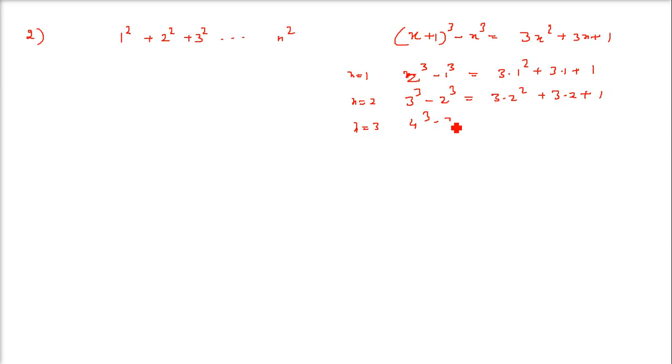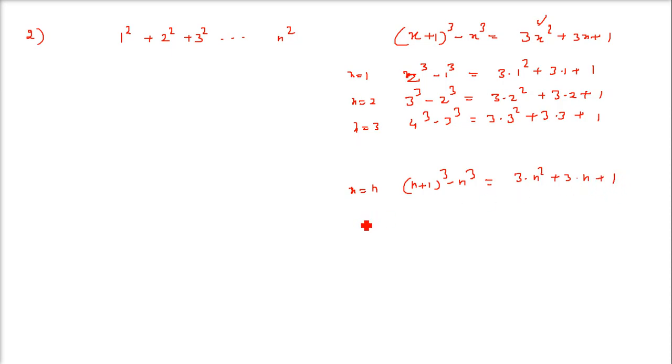So you get 4 cube minus 3 cube equals 3 multiplied by 3 square plus 3 into 3 plus 1. I am putting x as 1 to 3 here. Now coming to the last term, say x equals n. What do you get? N plus 1 whole cube minus n cube equals 3n square plus 3n plus 1.